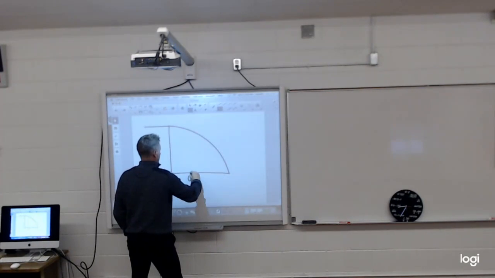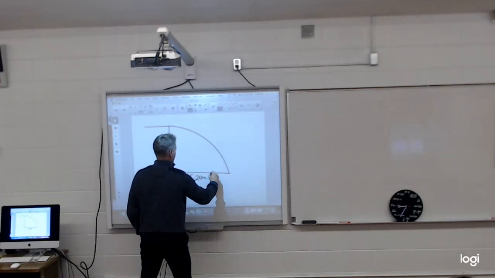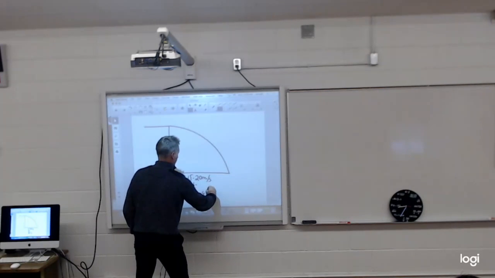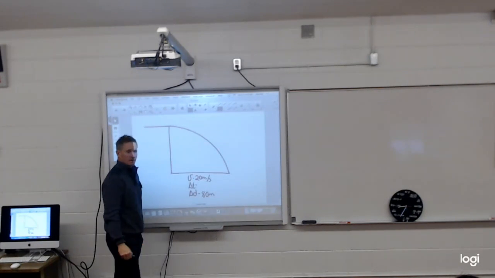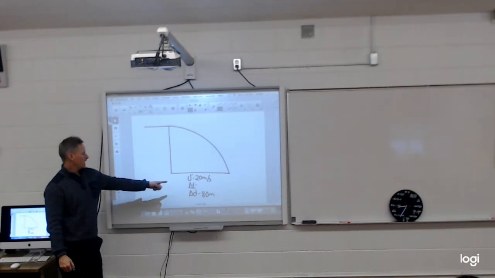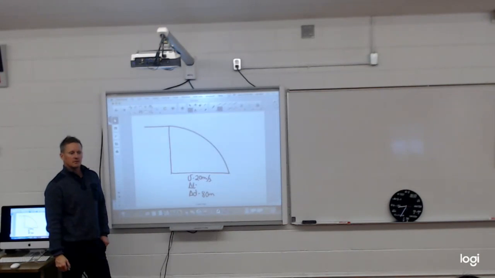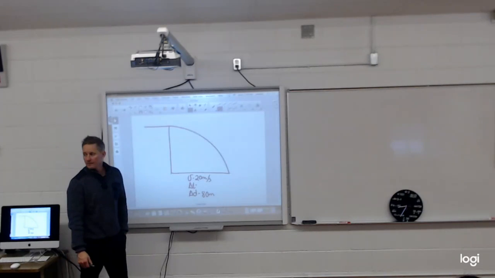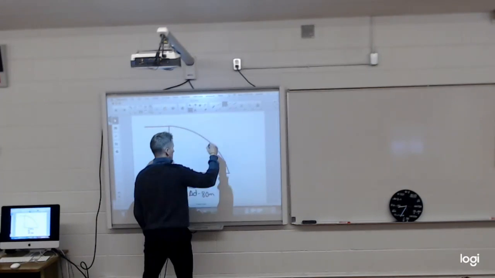So my velocity is 20 meters per second, correct? And it gives me the distance it goes away of 80 meters. So what can I find here? Time. What's the time? 4 seconds. That was easy.